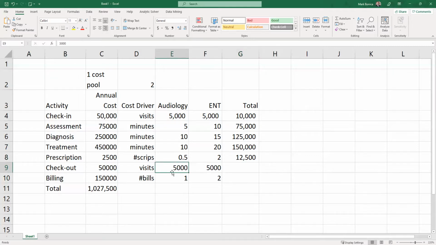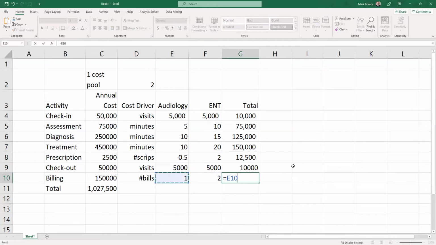Now we're back to visits again. So it's expressed in visits, so we don't have to do anything. We just add this up. So we can do 5,000 plus 5,000, 10,000 visits. But now we're getting number of bills per visit. So that is going to be 1 times 5,000 plus 2 bills per visit times 5,000, which gives us 15,000.